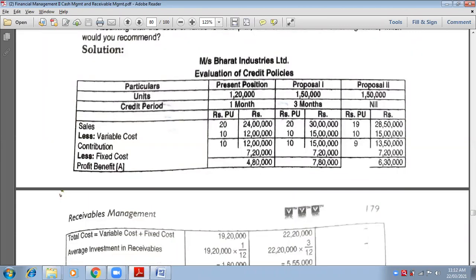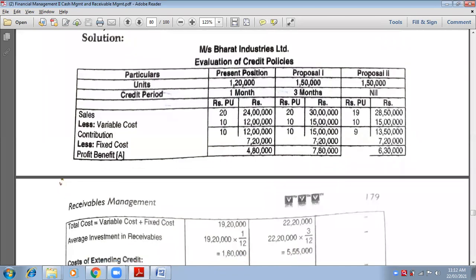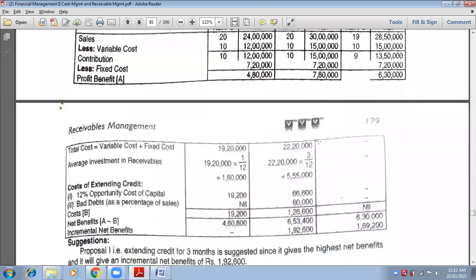Now 4 lakh 80 is deducted from contribution to give fixed cost. That fixed cost will be the same for proposal 1 and proposal 2. Now you can easily find the net profit of proposals 1 and 2 by deducting fixed cost from contribution. Did you understand the logic?